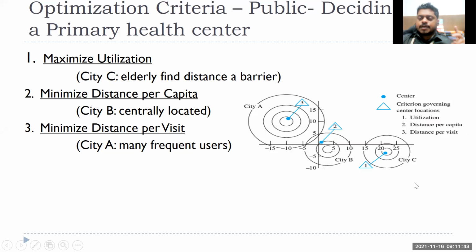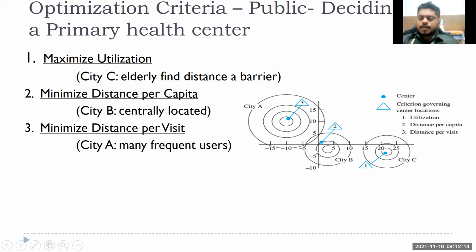Once you get that, distance per capita, right? Remember what we discussed: Euclidean distance or Manhattan distance or city grid distance, or metropolitan distance, you have to calculate. How much on an average? Then you have to take three use cases. If I put it in city A, I have here 1 lakh population, here 50,000, 50,000. Again, I'm just giving you an example of 1 lakh, 50, 50 population data. What is the average distance?